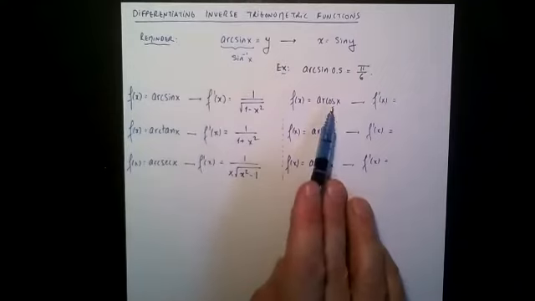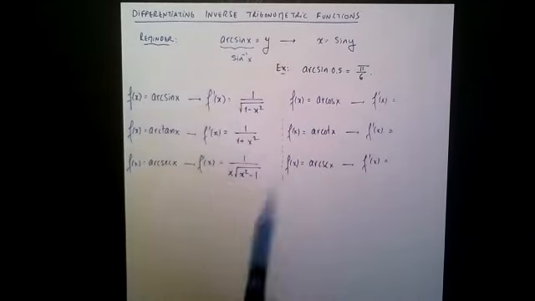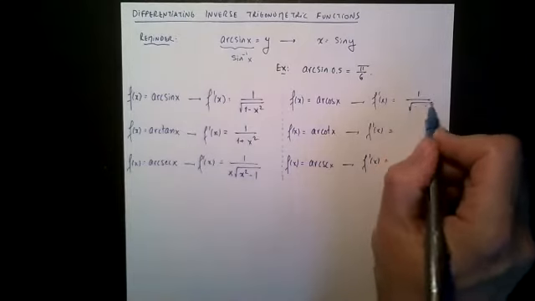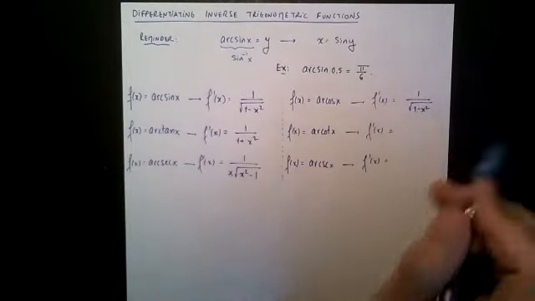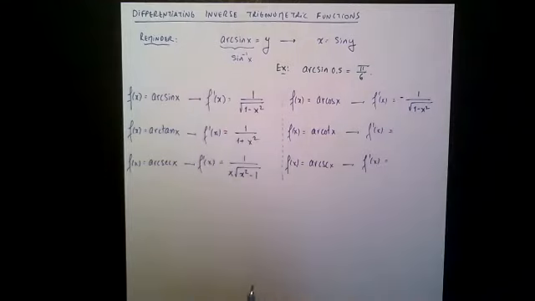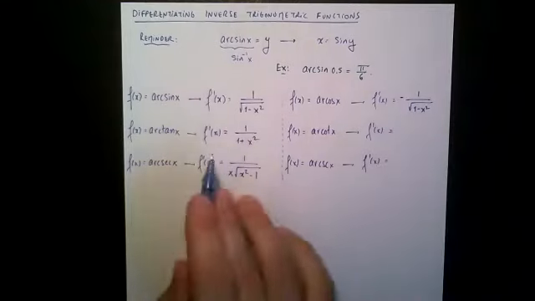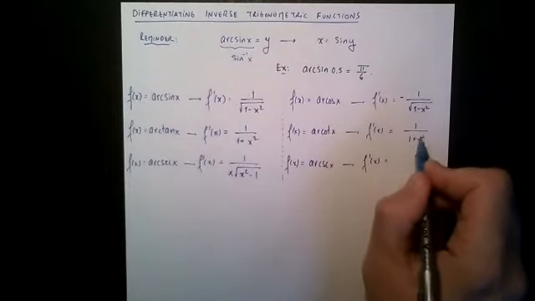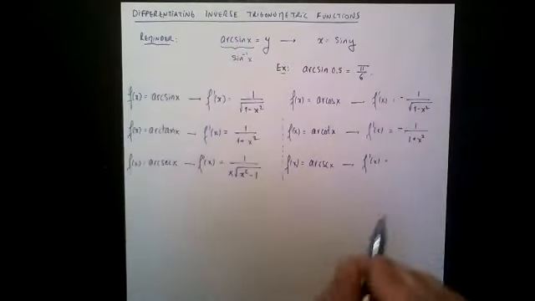So the arccosine is the exact same thing as the arcsine, but with a minus. Same thing, 1 over the root of 1 minus x squared, but with a minus in front. Arccotangent, same thing as the arctan, 1 over 1 plus x squared, but with a minus in front.